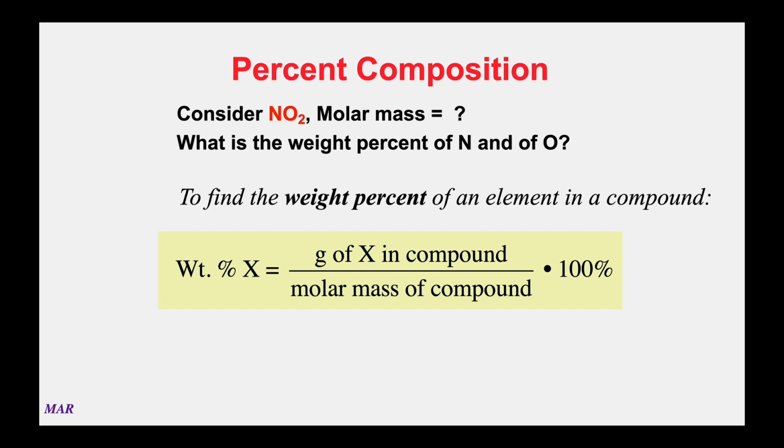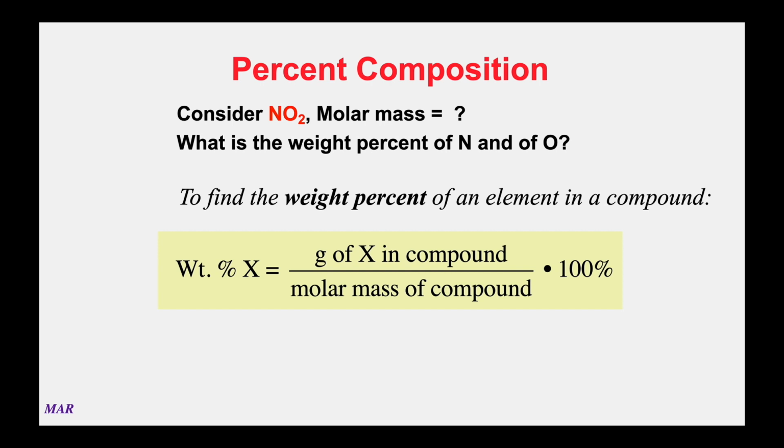If you want to find the weight percent of an element in a compound, the basic way is to first find the molar mass of the compound, put it in the bottom, the denominator, and in the top part, you'll put the grams of the element in the compound. So let's do an example with nitrogen dioxide, all right?